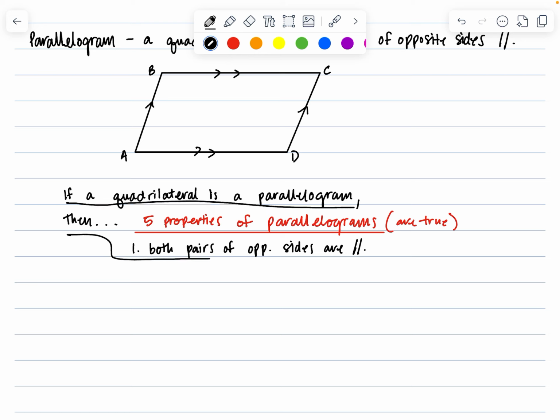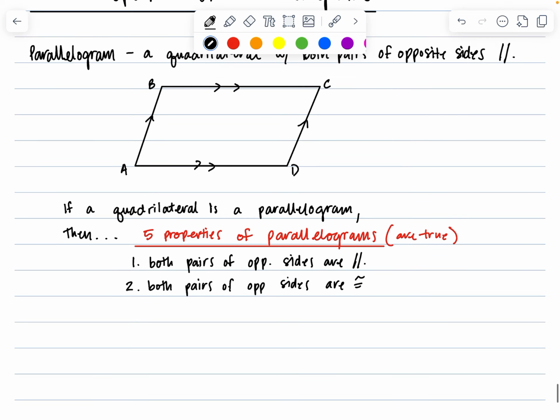If a quadrilateral is a parallelogram, then both pairs of opposite sides are parallel. That will always happen if you name something a parallelogram. Second one, then both pairs of opposite sides are congruent. What would that look like?